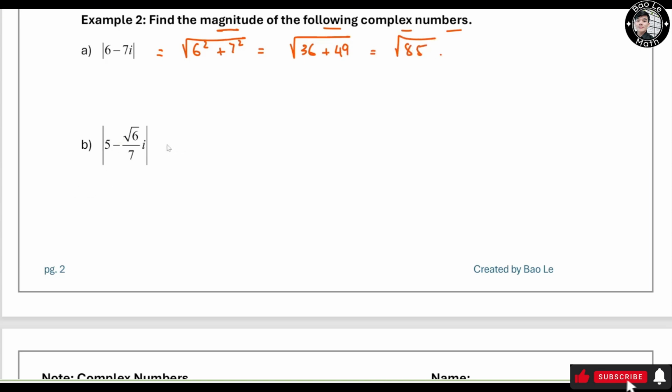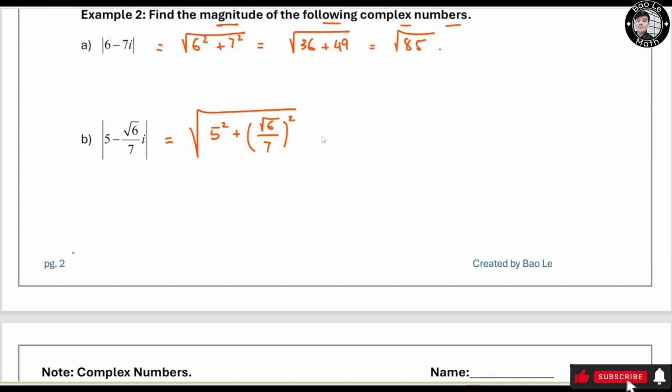Now question B. It's the square root of 5 squared plus square root of 6 over 7 altogether squared, right? So it's going to be the square root of 25 plus 6 over 49, right? It's going to be 1231 divided by 49. And then we're going to simplify this one.